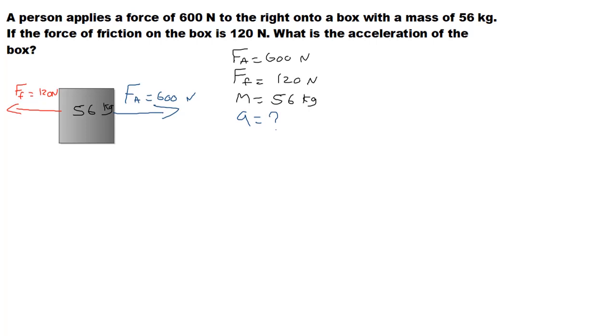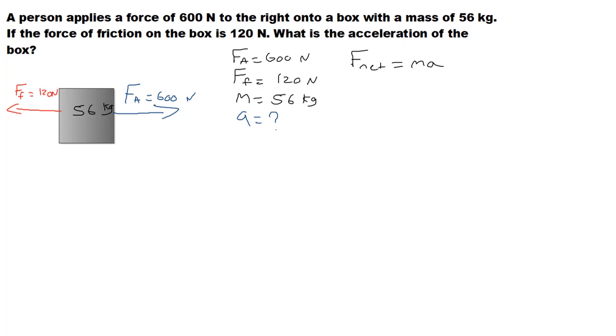Great. Well, if we use Newton's second law, and Newton's second law says the net force is equal to the mass times acceleration. Well, the net force is going to be given by negative left plus the positive right.